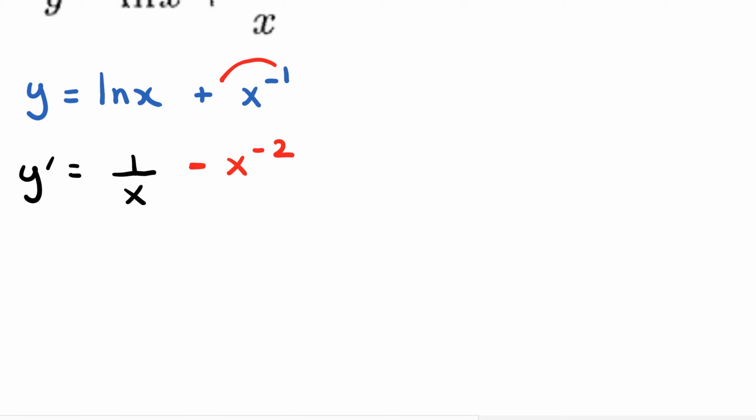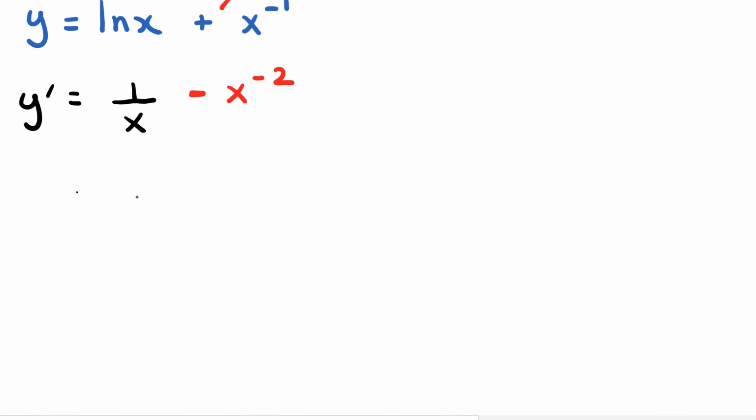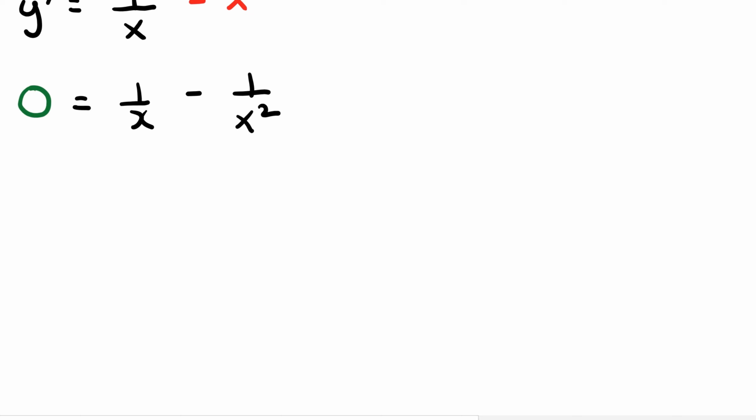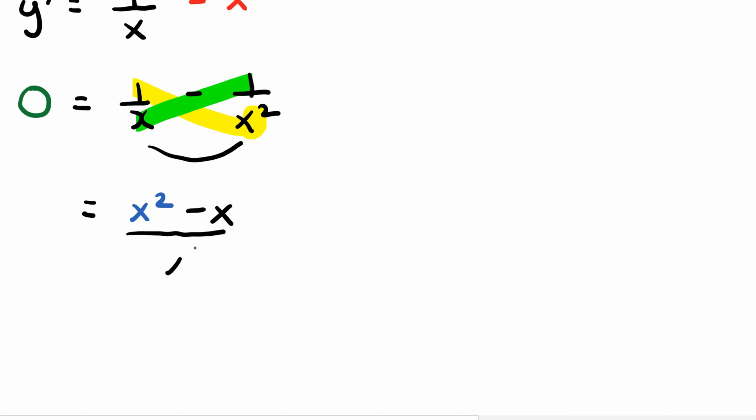Simplifying, we have 1 over x minus 1 over x squared. Our goal is to set this equal to 0 and find the critical points. I'm going to use the crisscross smiley face technique here. If I apply that correctly, I would get x squared, and then this times this will be minus x, all divided by x times x squared, which is x cubed.